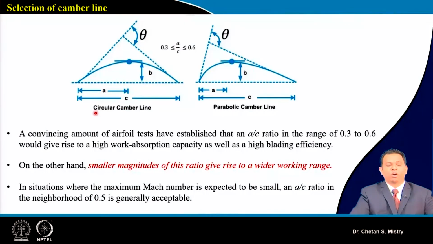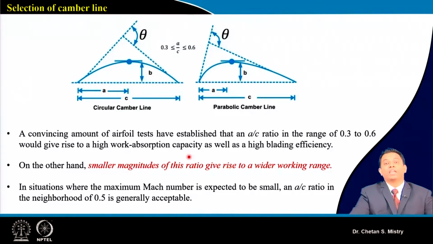Now, this is what we were discussing in the sense of selection of circular camber line and parabolic camber line. My A by C ratio, that means my maximum camber, needs to be within the range of 0.3 to 0.6. When we have this in the range, it gives us high work absorption capacity as well as increasing our efficiency.